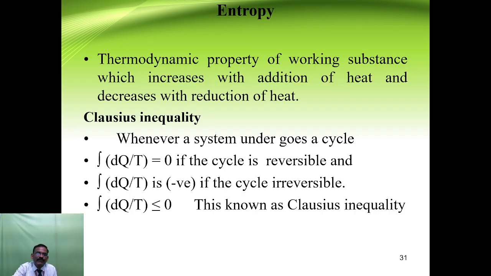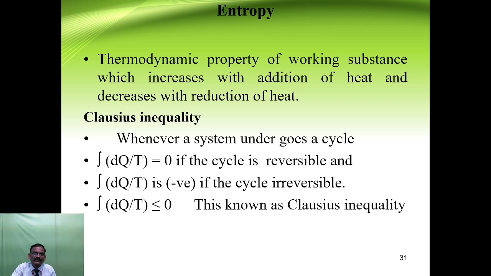And in the second law of thermodynamics, there are two devices. One is the heat engine, another is the refrigerator. The heat engine is based upon the Kelvin-Planck statement of the second law. The refrigerator is based upon the Clausius statement of the second law. So these are the devices which relate to the thermodynamic laws.